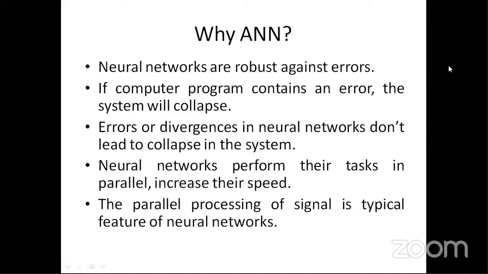The main feature of the ANN is parallel processing of signals, and errors can be easily diagnosed. So you can use this as a method to identify abnormal ECG waveforms automatically.